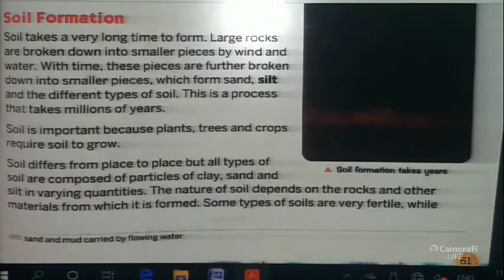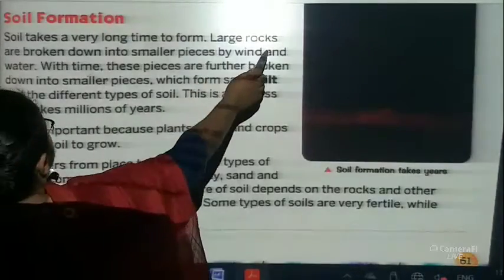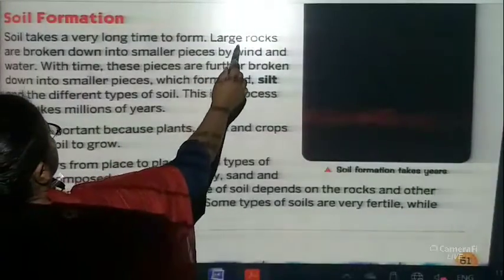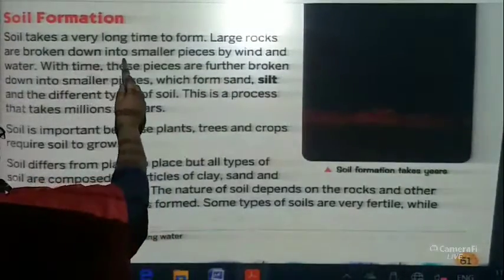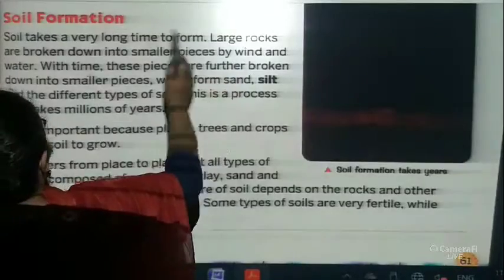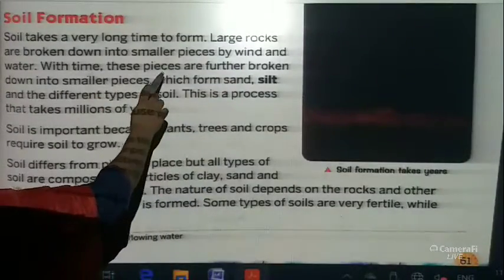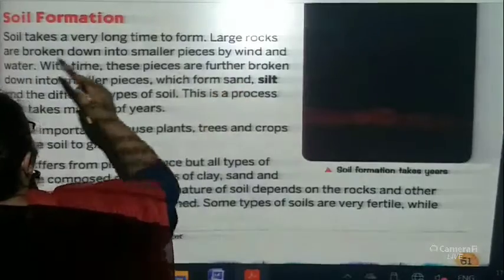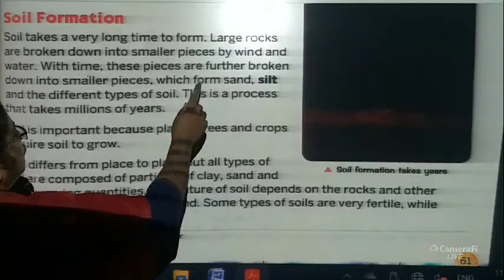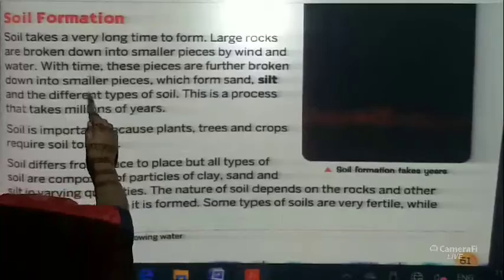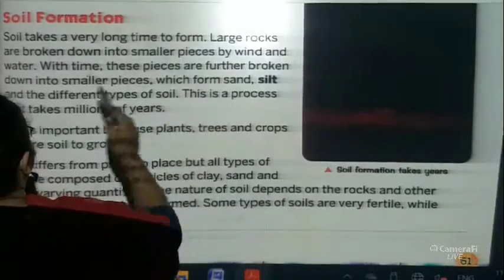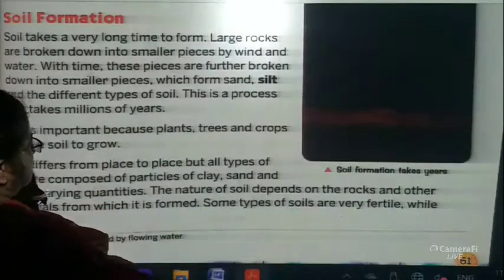Now children, again underline from here, as the question is, how is soil formed, or write about the formation of the soil. Then you have to write large rocks are broken down into smaller pieces by wind and water. With time, these pieces are further broken down into smaller pieces which form sand, silt and different types of soil. This is a process that takes millions of years.